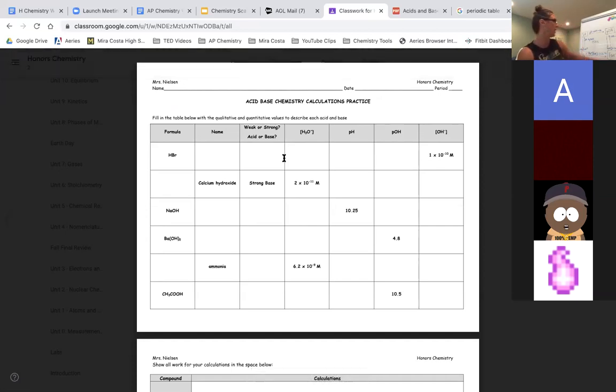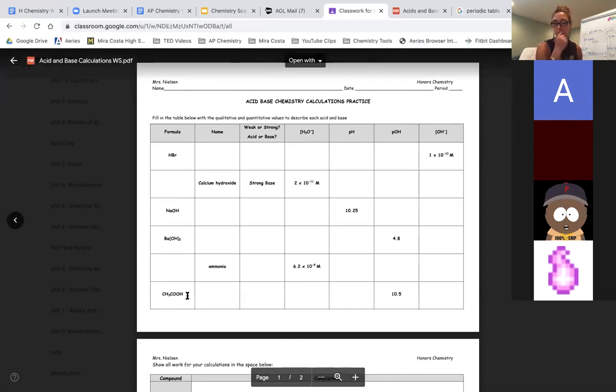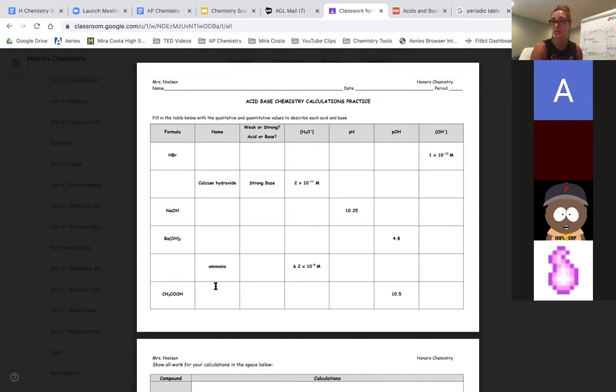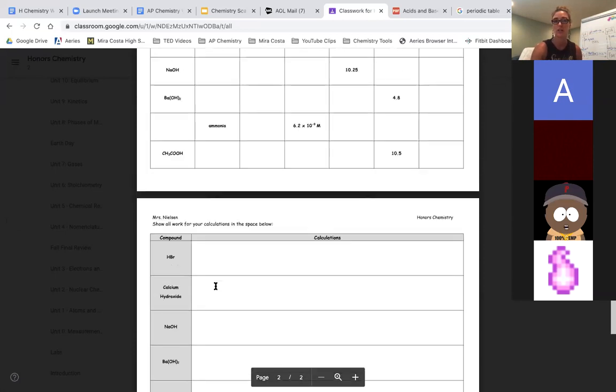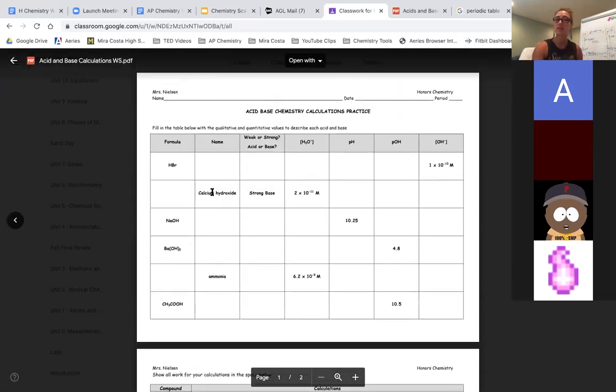Okay, and the way you do that, wherever you go on this map, it doesn't matter. As long as you start, you can go in either direction to solve the others, okay? So there's only 6 problems here, but they're good practice for you to know how to do pH and pOH calculations. And this is the kind of stuff you'll see on your test on Monday. So I might ask you, or your quizam, I should say, is this strong or weak?